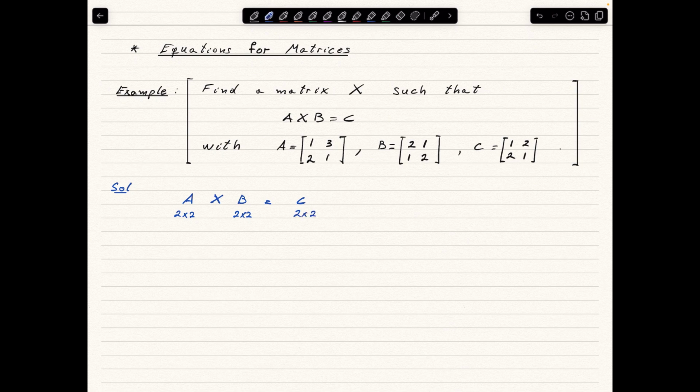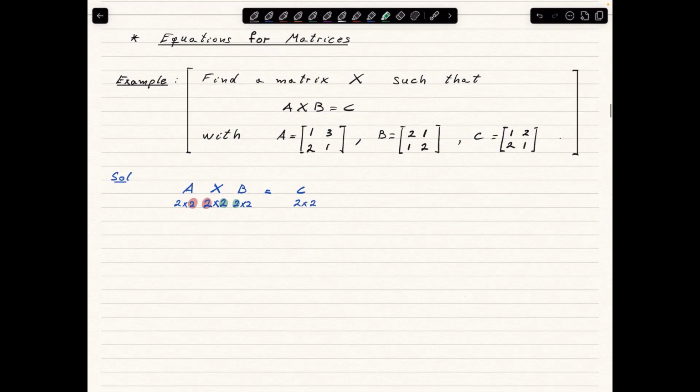So matrix X has to have the same number of rows as the number of columns. So here we need a 2 because these two have to be the same. These two with these two, and then it has to be also 2 because the number of columns on matrix X had to match the number of rows on matrix B. So it has to be 2 by 2.